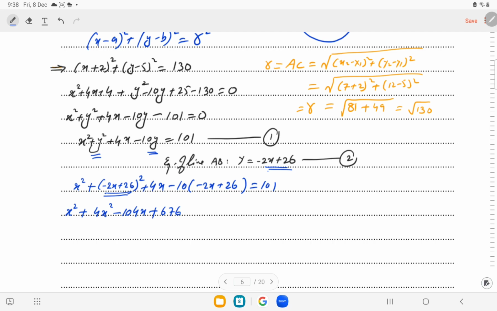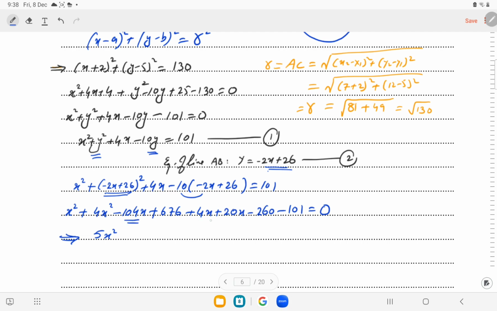6 7 6 is 26 square, plus 4x minus, and minus, now this one, plus 20x minus 260, and it comes again 101 equal to 0. We get 5x square. Now simplify it.